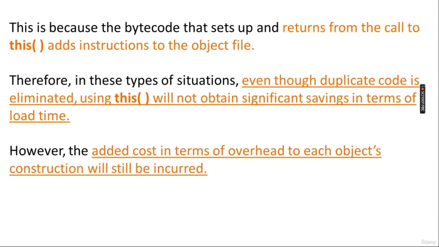This is because the bytecode adds instructions to the object file, so the same overhead will be generated. Therefore, in these situations, even though duplicate code is eliminated, using this will not obtain significant savings in load time. However, the added cost in terms of overhead to each object construction will still be incurred.